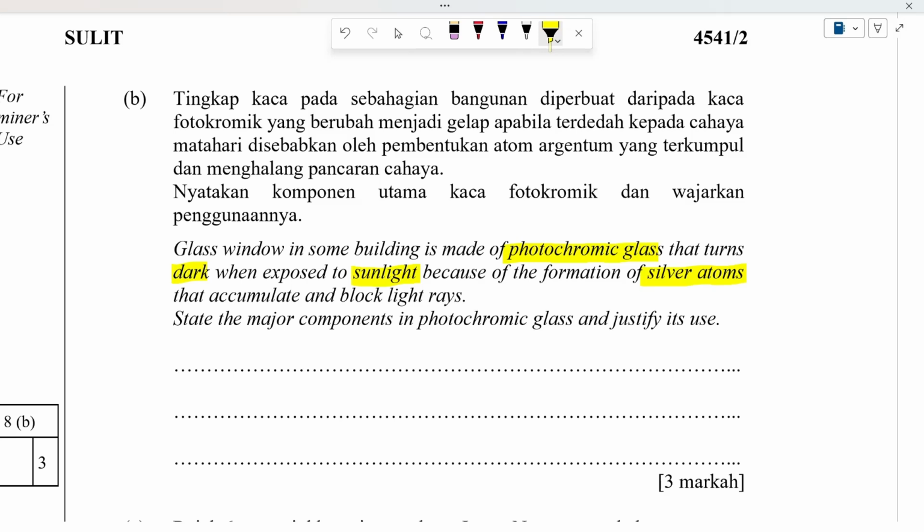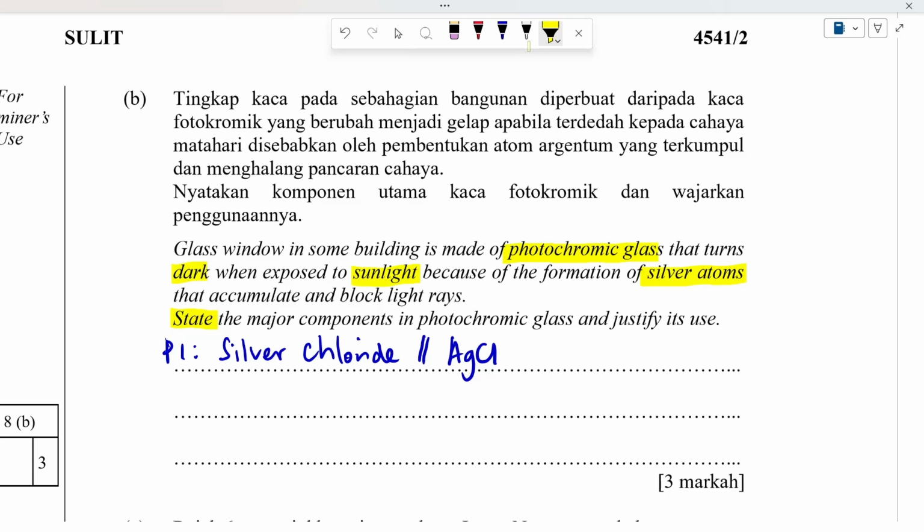So what is the major component in the photochromic glass? Silver chloride. Or you can use the formula AgCl, because here it says state, so you can use the name or the formula.